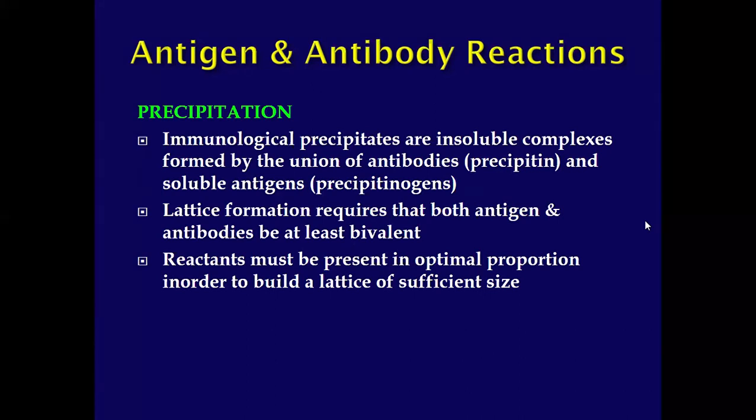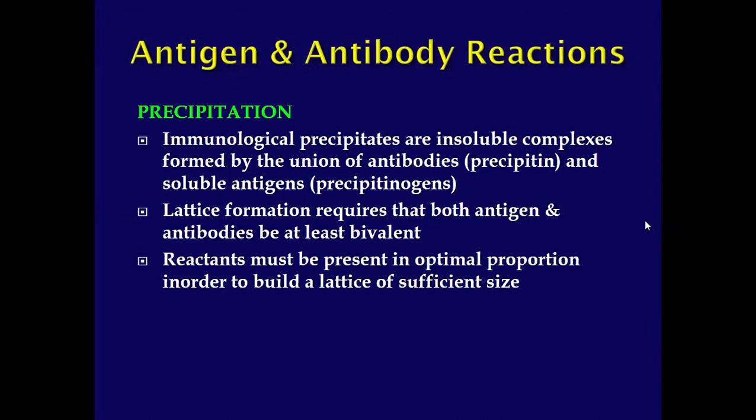Since we are referring to precipitation, we appropriately term the antigens precipitinogens and the antibodies precipitin. So during the formation of the precipitate, the interaction of your antibodies with the soluble antigens corresponds to the formation of a lattice.